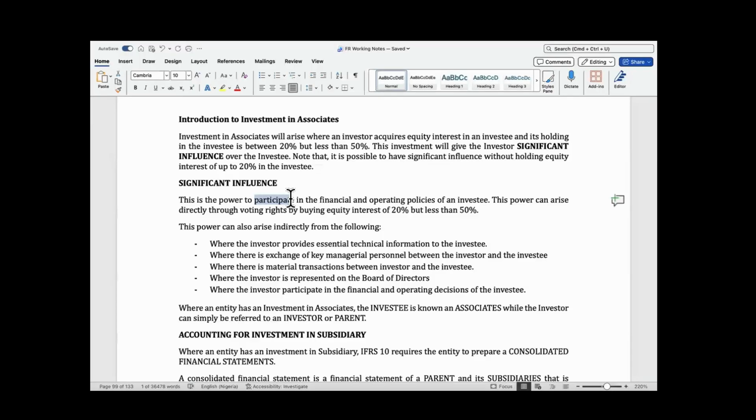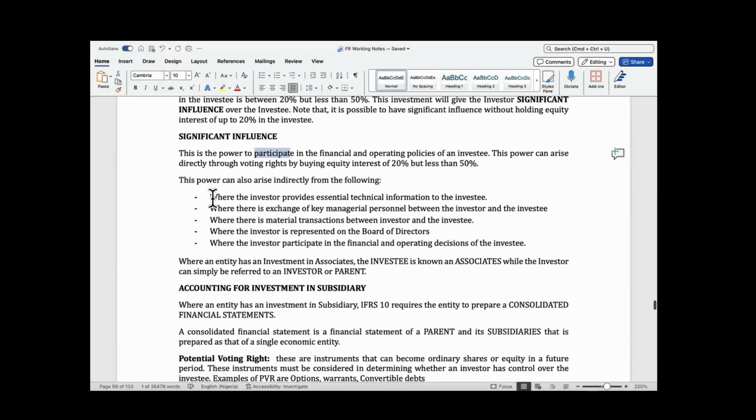Remember, I told you that you can have significant influence even if you don't have up to 20%. That will happen if you can demonstrate the following. Number one, if you are providing essential technical information to the investee, that without it they can't function at the level they are functioning, then you might likely have significant influence.